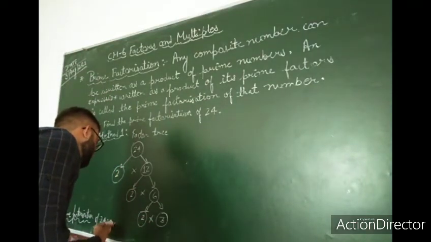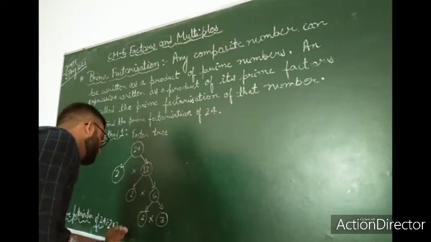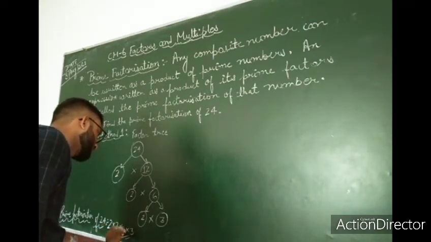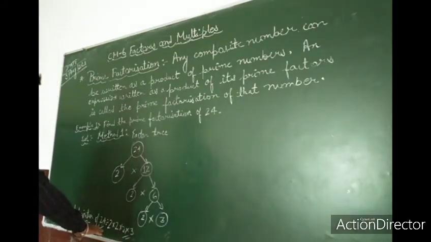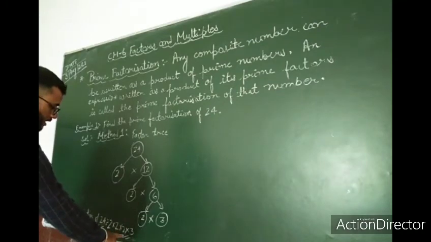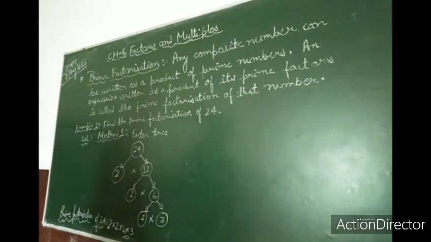If we multiply all these 4 numbers, we will get 24. 2 times 2 is 4, 4 times 2 is 8, and 8 times 3 is 24.